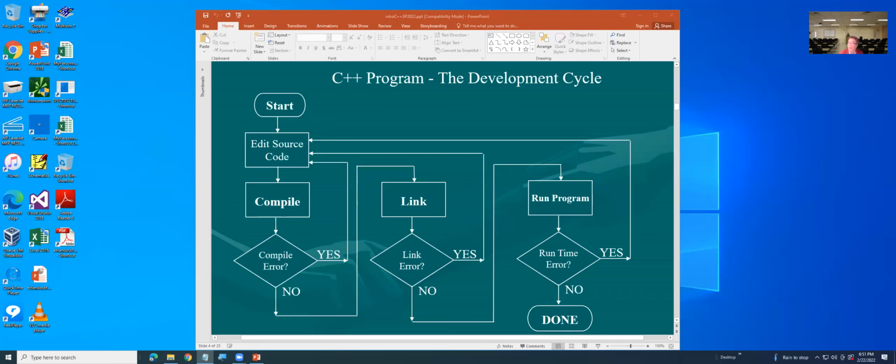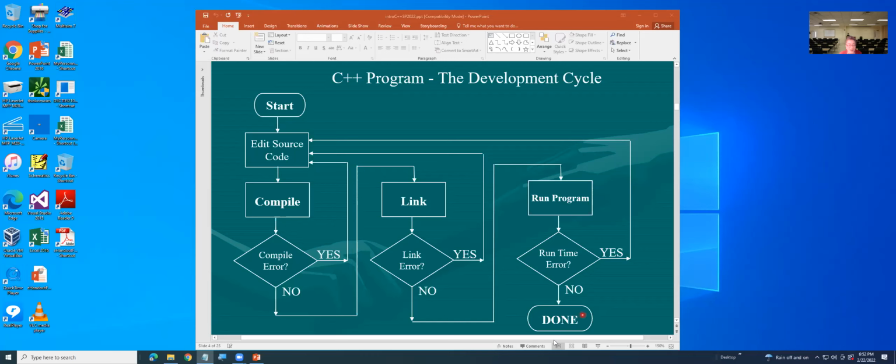That's a very simple program: variable A equals 3, B equals 5, and A plus B is supposed to be 8. After you type it in, you compile, and you get no error. However, when you run it, it's supposed to bring out the number 8, but it brings out the number 7. That means it's wrong. That's why you have to go back to your source code and try to fix the problem. That's what they call a logic error, a logical error.